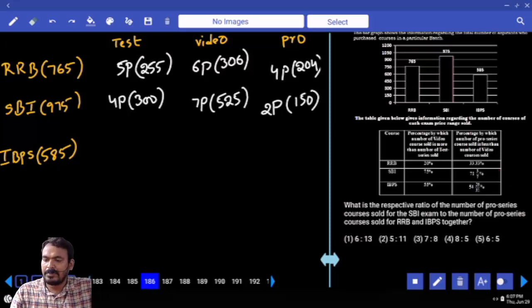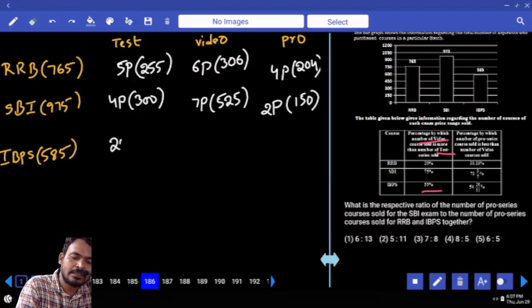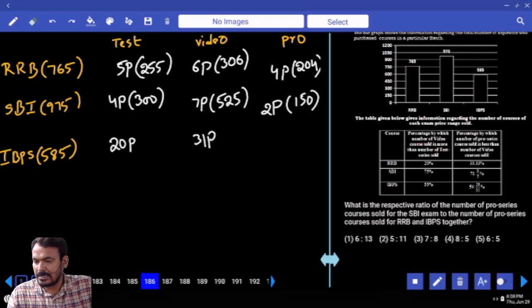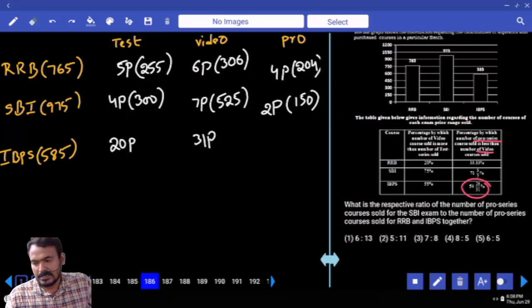Next IBPS. Here IBPS video value compared to test series value, how much percent more? 55% more. 55% means what fraction? 11 by 20, means one will be 20 parts, another one 31 parts. Next pro series compared to video series, how much percent less? 54 and 26 by 31%. First of all, 54 into 31 plus 26.